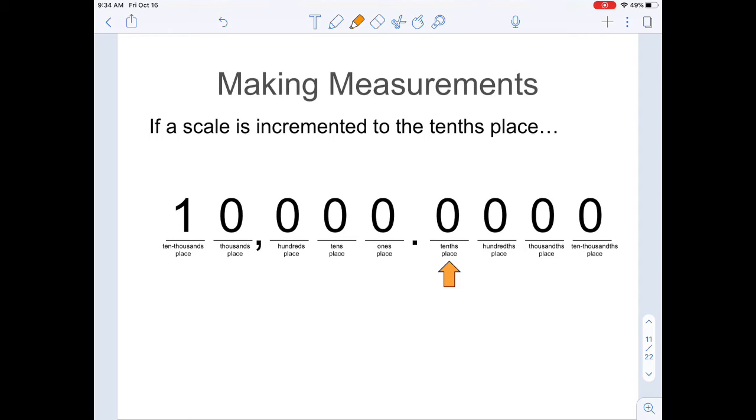So if a scale is incremented to the tenths place, this is actually what you saw on your rulers. Every single centimeter had 10 markings in between. That's the tenths place. So here's 0.1, 0.2, 0.3, 0.4, 0.5, 6, 7, 8, 9, and then 10.